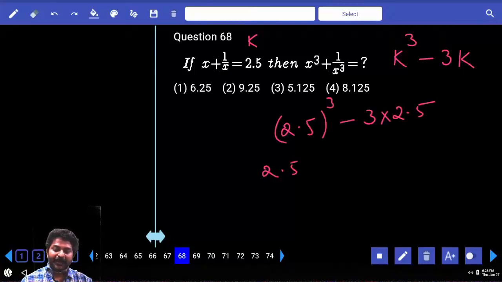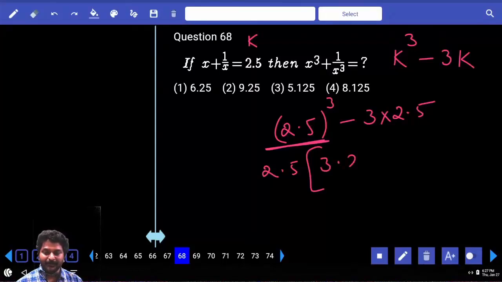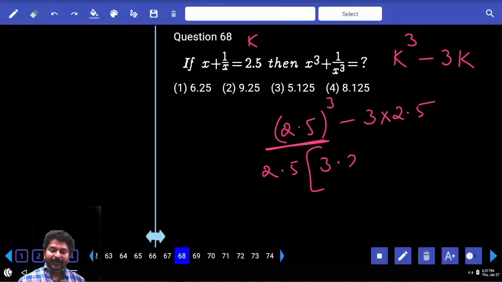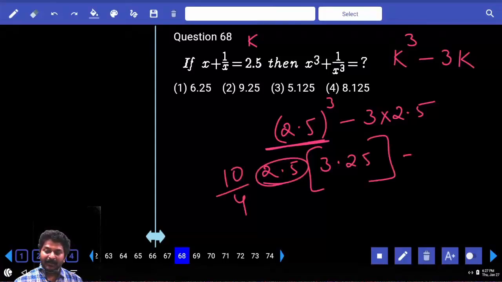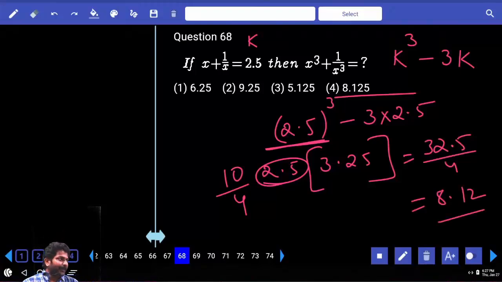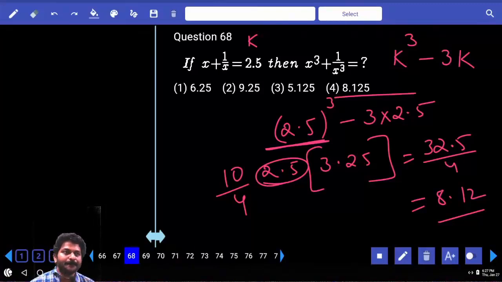If you take 2.5 common here, 2.5 whole square, that is 6.25, minus 3, 3.25. Can we write this number as 13 by 4? Come on. 32.5 divided by 4. Answer 8.12. There is only one answer which starts with 8. Done.